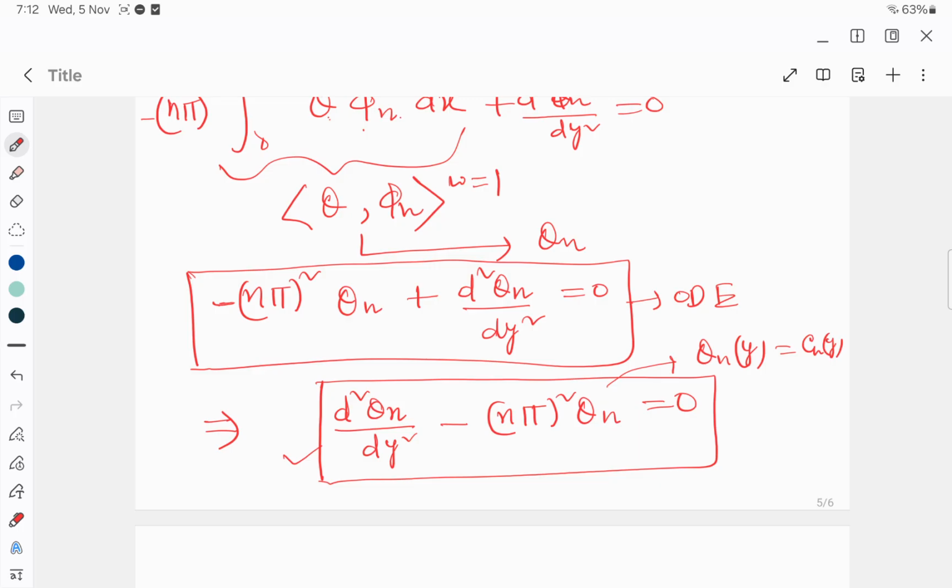So after this, how to proceed is very easy. The foundation has been set, and how to calculate the eigenfunction or basis function, we will take into the next class.